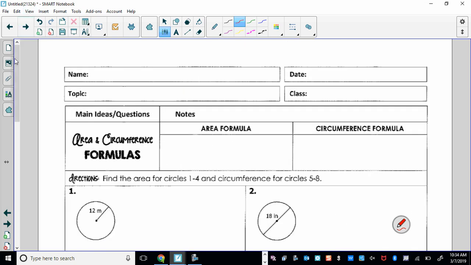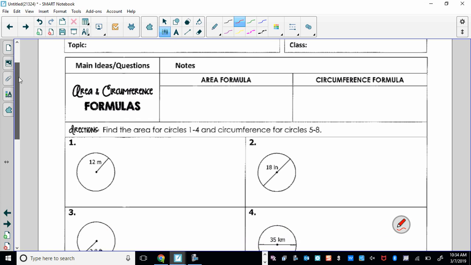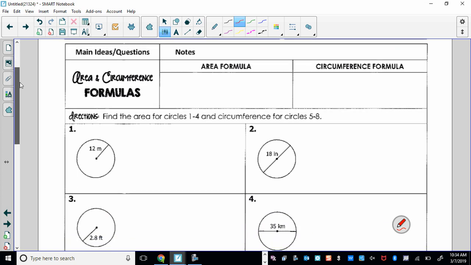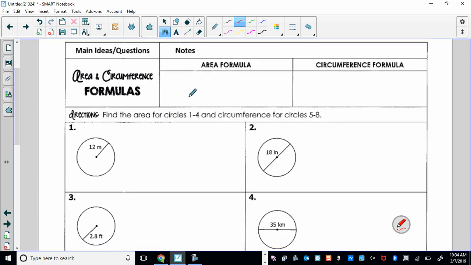All right, next page is talking about circumference and area of the circle. We already wrote down the formula for it, so rewriting it again here is not going to be difficult.